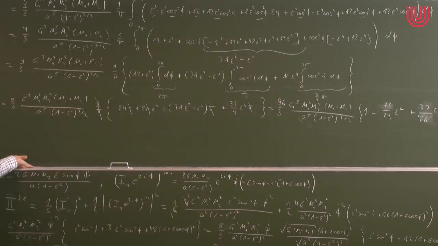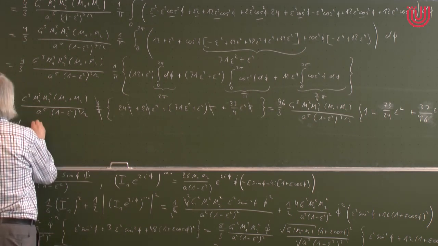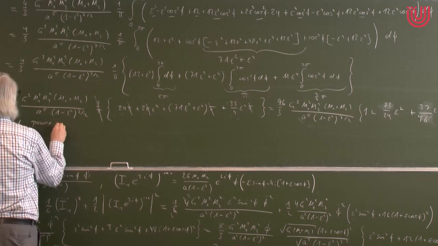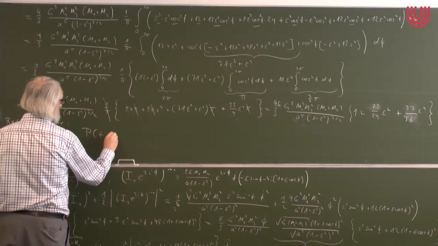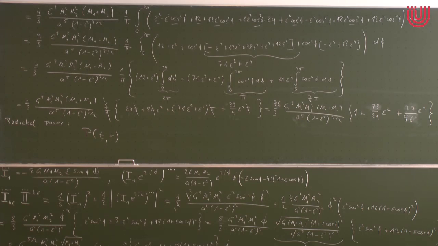So this is the time average. That's what we have calculated, the time average of this product. And this gives us the radiated power. I hope everybody remembers the quadrupole formula, which gave us a power at time t going through a big sphere of radius r.